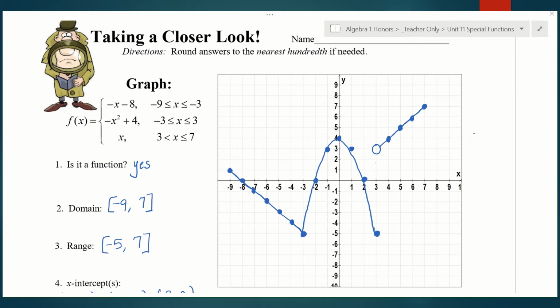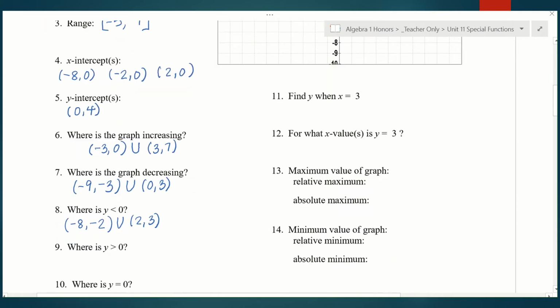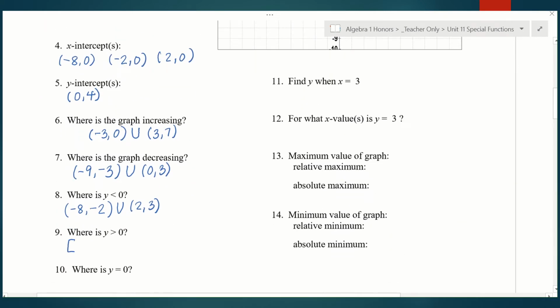At -9, when x is -9, the y value is 1, and 1 is a positive number. So I can use a bracket when I'm saying it goes from -9 to -8, but because y is 0 when x is -8, I have to use a parenthesis on that number.